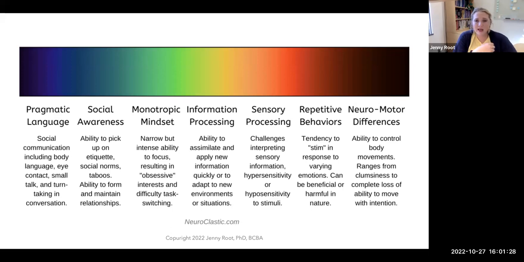None of us are. And then some neuromotor difficulties. So we also know that individuals with autism might have an abnormal gait, so much more common to walk on their toes, we call it toe walking, maybe difficulty understanding where their body is in space. So again, not everybody might have all of these difficulties, but some combination of them.